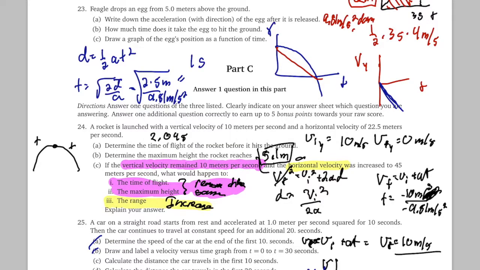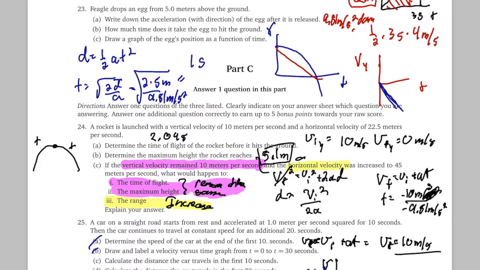Then, if I want to figure out the first 30 seconds, I now have to figure out the area of this rectangle. So I would do base times height, so 20 seconds times 10 meters per second. 20 times 10 is 200 meters, and that is the area here.